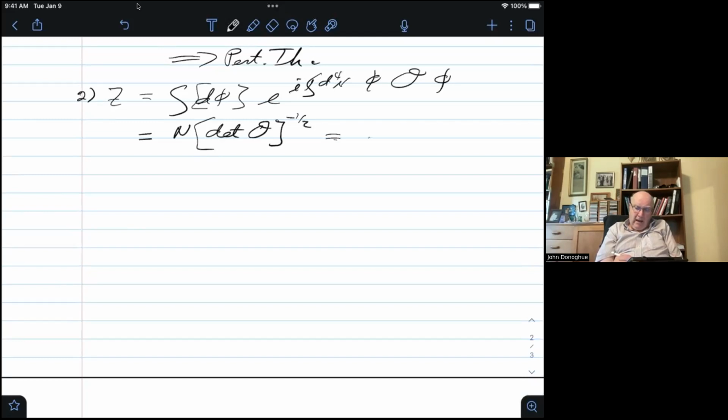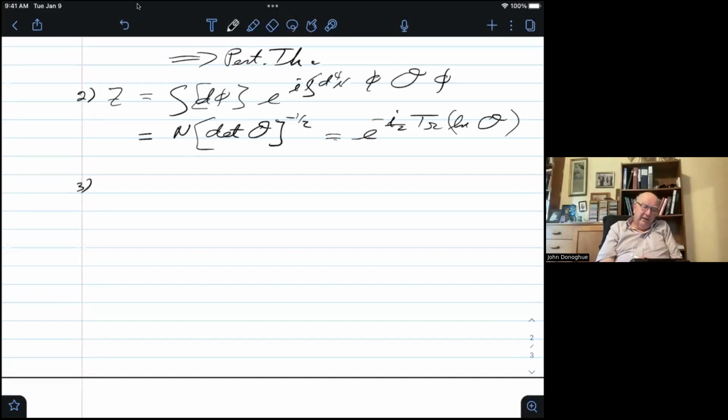And we then use some identities about determinants and write this as e to the minus i over 2 trace log O. Now this is truly scary, taking the determinant of some differential operator, but we'll see. Actually, this one we will go see today, how it actually connects up to ordinary perturbation theory. And so at the least we'll take some of the mystery out of that.